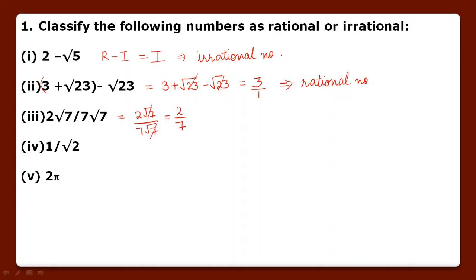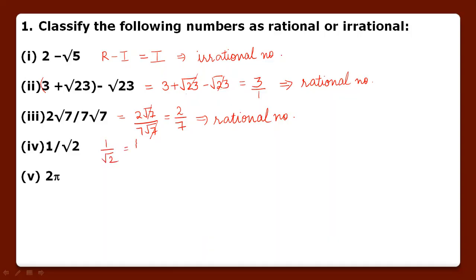We have studied in the previous part that if we divide, subtract, add or multiply two irrational numbers, our answer can be rational as well as irrational. In this case, our answer came rational. So we'll write here it is a rational number.